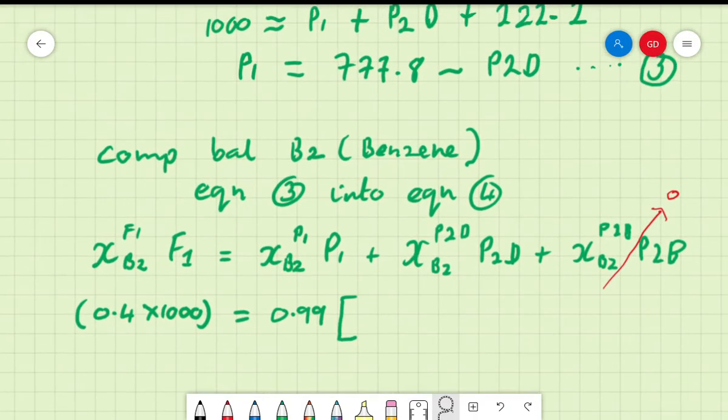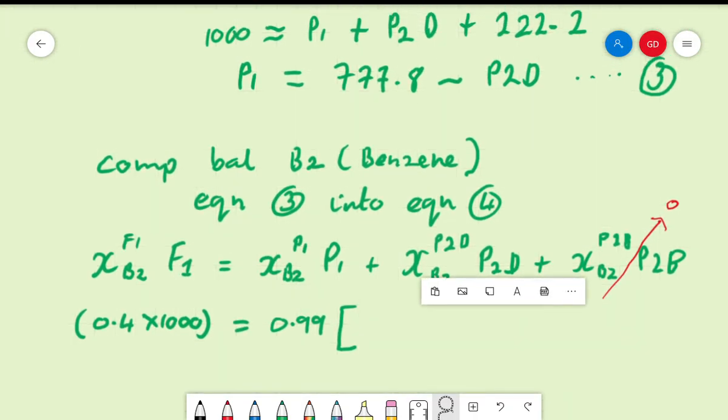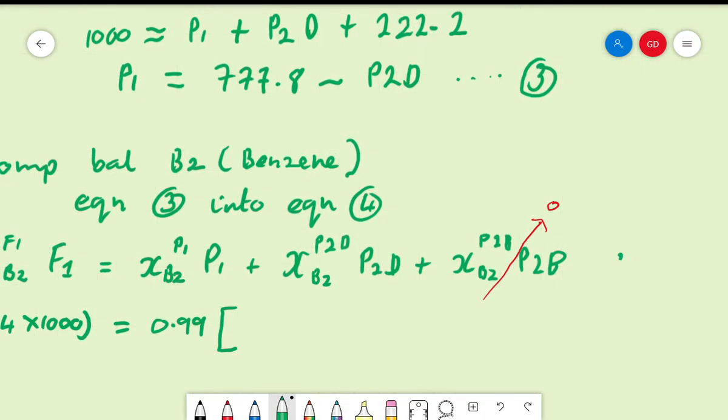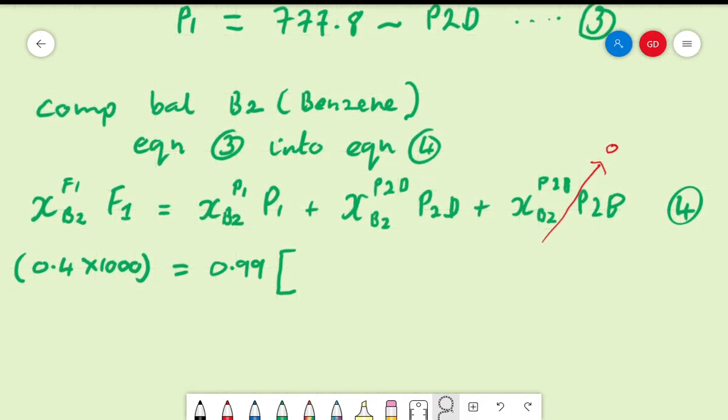We substitute into this expression, equation 3. Okay. So here, I think it's prudent if we name this 4, so we do not get lost. So now you can see here that 3 into 4. Okay. Yes. So it's 99% the benzene.